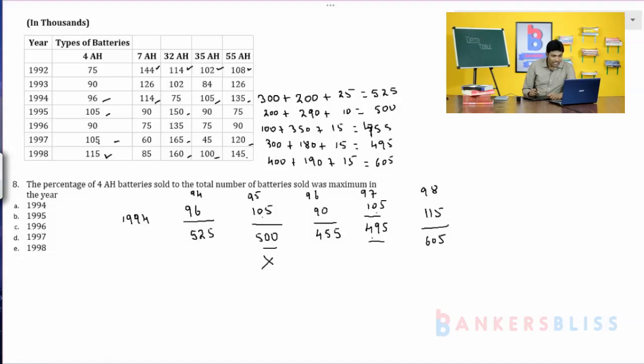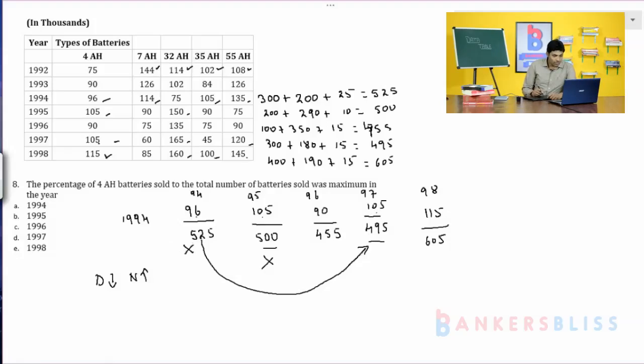So when you compare these two, the denominator is decreased and the numerator is increased, which means the resultant value is more than the first value. So 96 by 525 is less than 105 by 495 because the numerator is increased and the denominator is decreased, therefore this cannot be the answer.